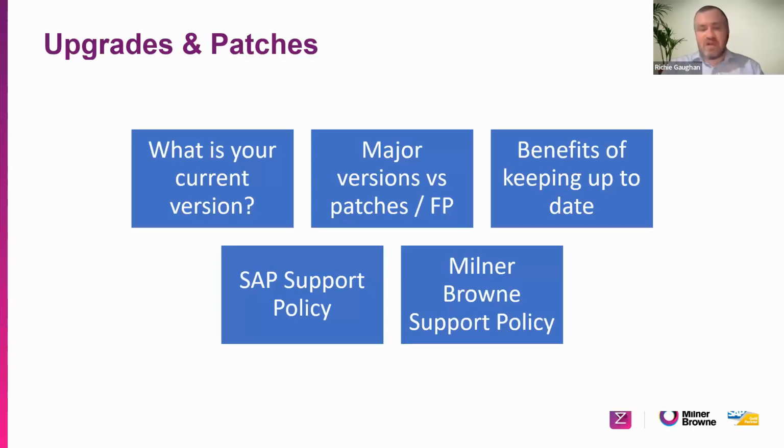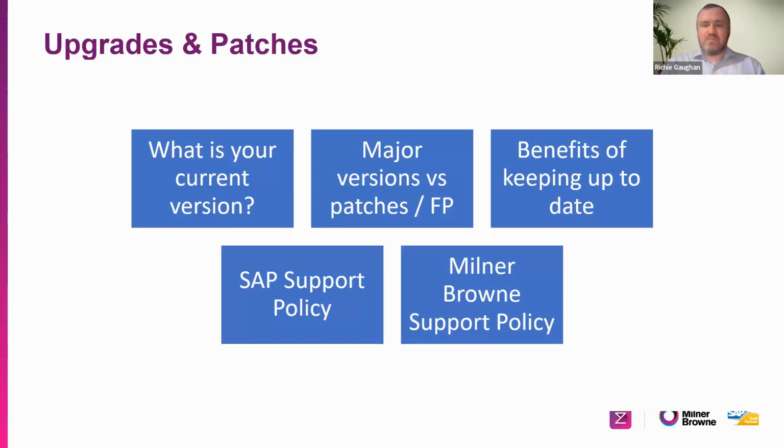Feature packs would be released every quarter and would contain things like bug fixes and minor additions of functionality, whereas major versions would be more dramatic changes in functionality, and they would be a bit more intensive in terms of downtime for you to go and upgrade to different versions. So if you've gone from 9.3 to version 10, that would be a major version upgrade, for example.